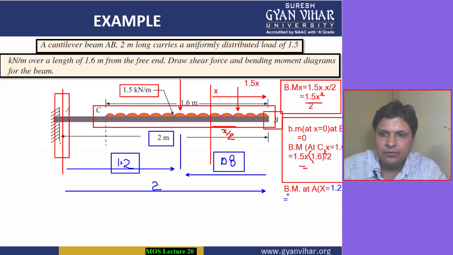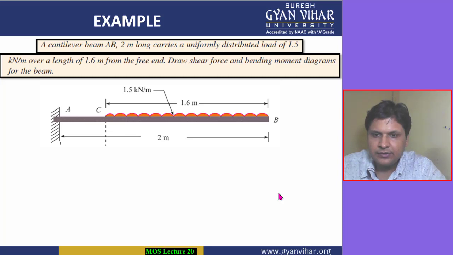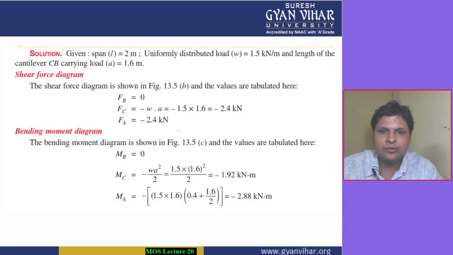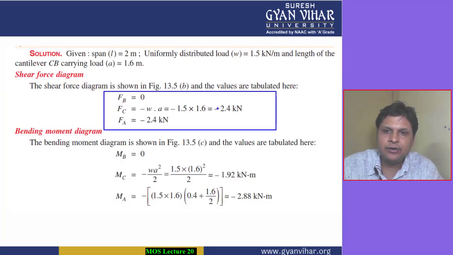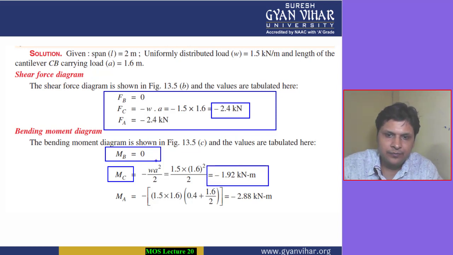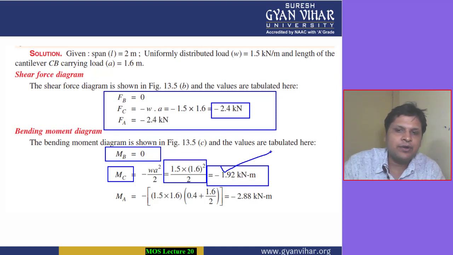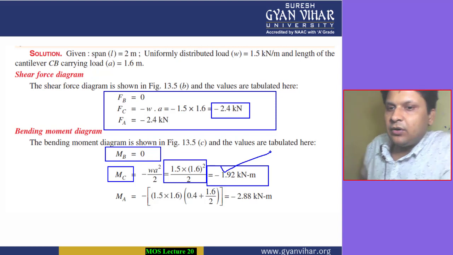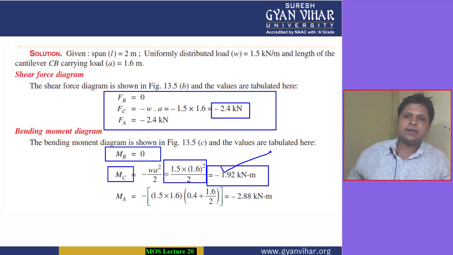Let's see what the values are in the answer. See here, the values are given to you. Shear force we have already drawn, so taking the values for bending moment: at B, the bending moment value is 0. At C, when you calculate in the same manner which I have told you, you will get the bending moment equal to 1.92. Since the nature is clockwise on the right hand side, it will be taken as negative.